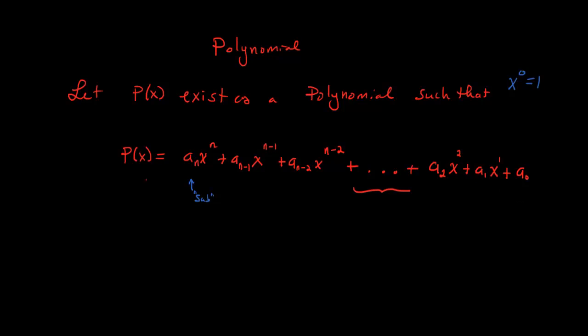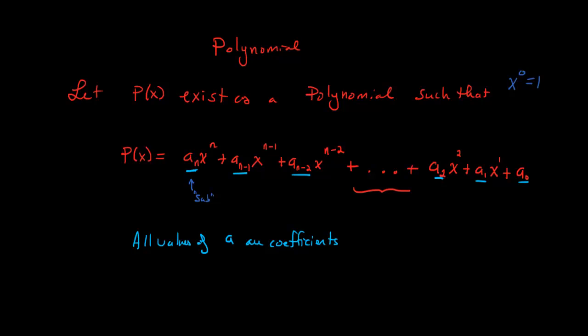So we often leave that off. Now we're going to describe all of these terms. I'm going to underline in blue all of these a sub n minus 1 terms, a sub n minus 2, a2, a1, and a0. All values of a are coefficients.